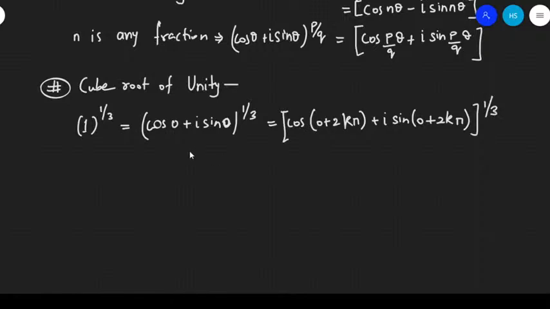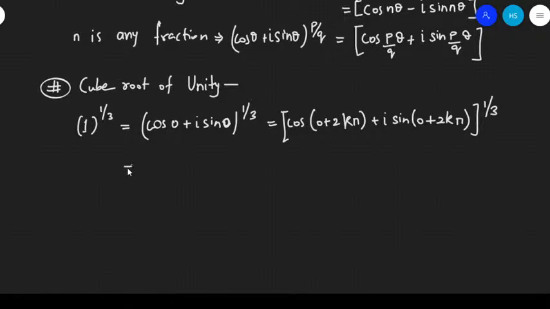Since we know that cos is a periodic function, for any value of k, the values of cos (0 plus 2k pi) and cos 0 will be the same. Similarly, sin (0 plus 2k pi) and sin 0 will be the same.